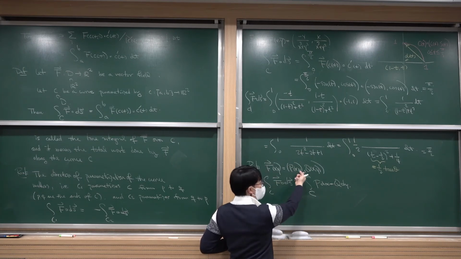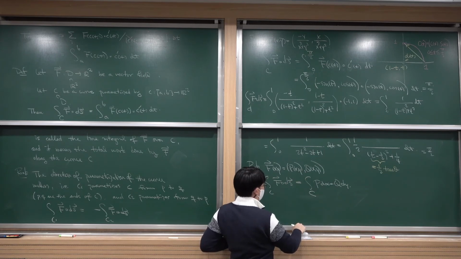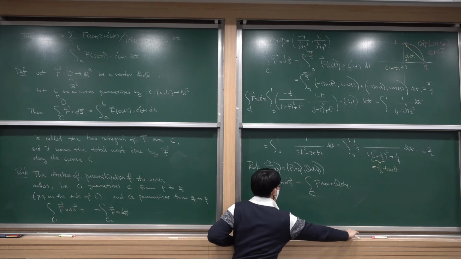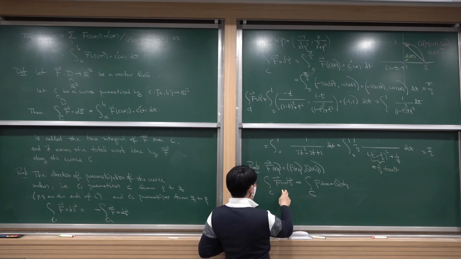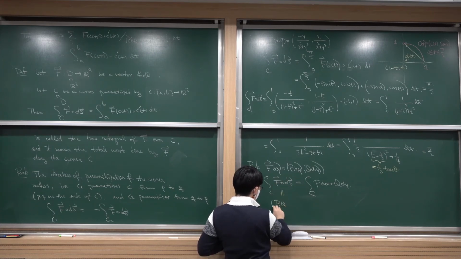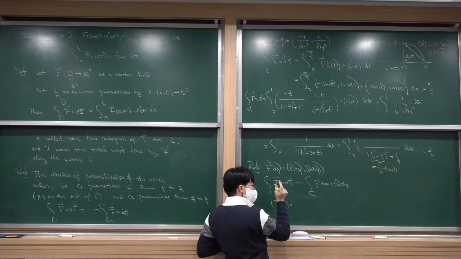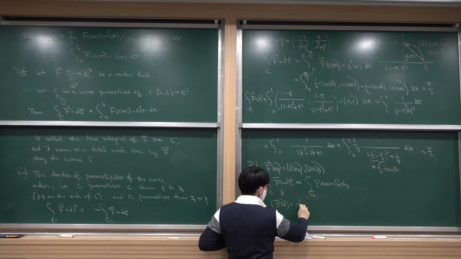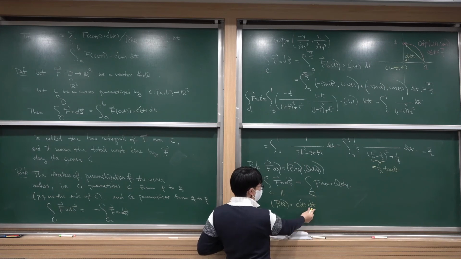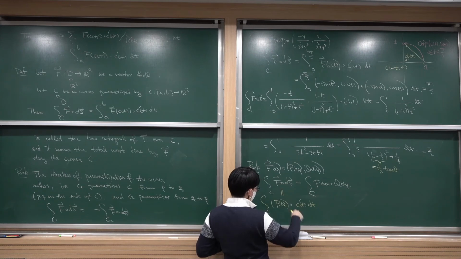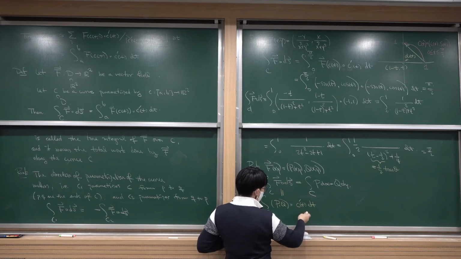Here we have to use another definition. The reason we can use this notation is, think about it: if you replace with (P, Q), this is the inner product of (P, Q) with ds, but you get ds by C prime dt. So this is a vector with a small portion of length. Now think about C prime t here.